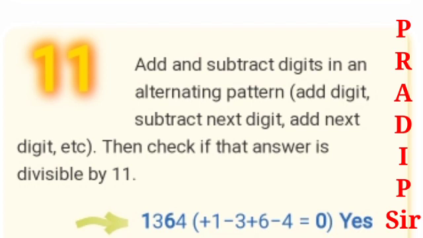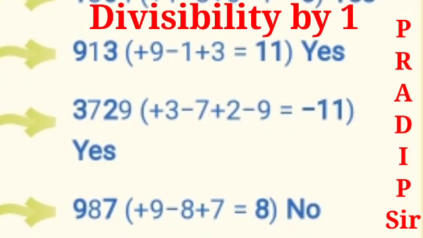That means the number 1364 is divisible by 11. We have to add and subtract: first digit plus, second digit minus, then plus, then minus. That means we have to add and subtract the digits in alternating pattern. Let's take another example.